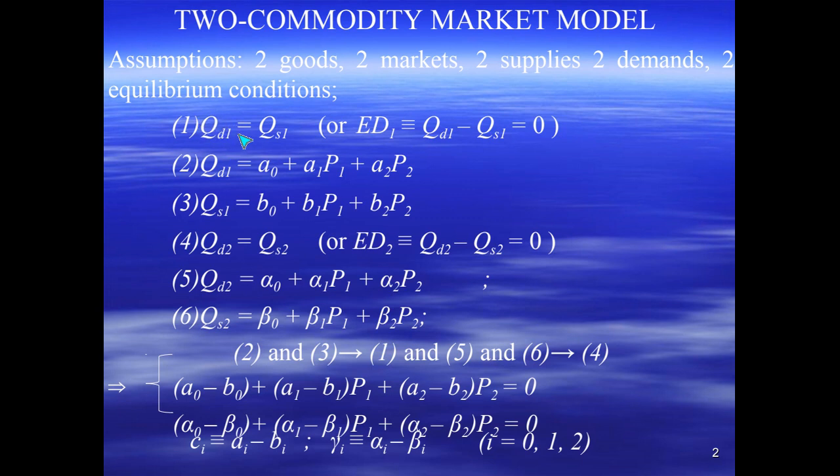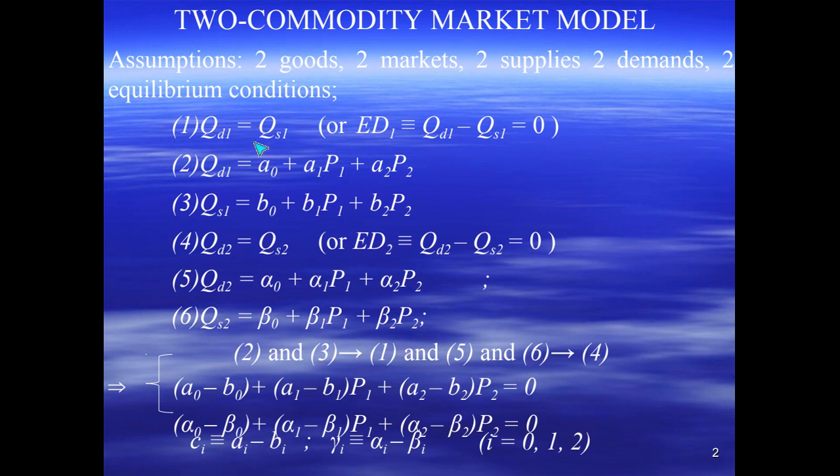QD1 is the quantity demanded of the first good, and QS1 is the quantity supplied of the first good. So ED1 is the excess demand for the first good, which is definitionally equal to QD1 minus QS1 equals 0. So if excess demand is 0, the market is in equilibrium. There is no excess demand, no excess supply. Supply equals demand. This is the definition of the equilibrium.